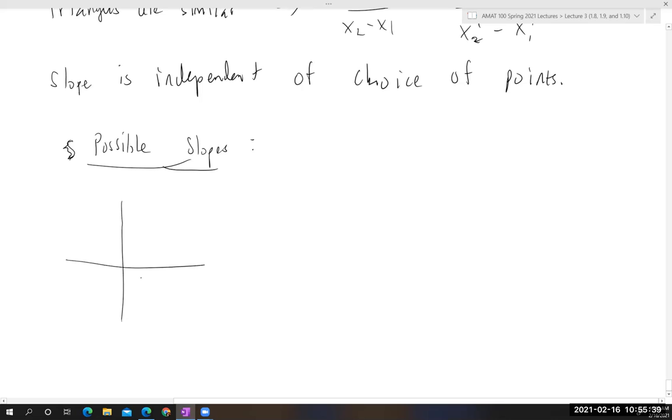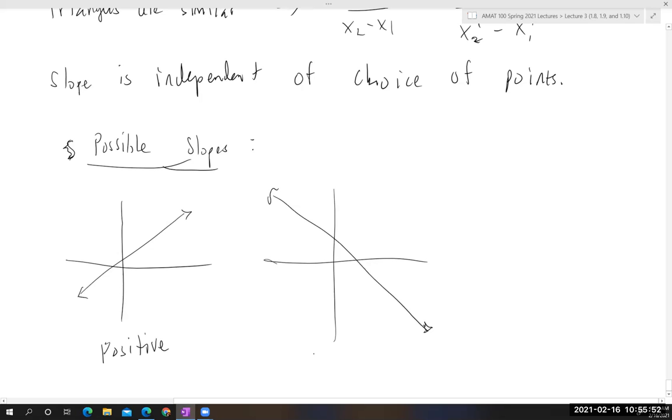So this first one, you have something like this. This corresponds to a positive slope. You could have a line that goes down like this. This would correspond to a negative slope. You could have something like this.